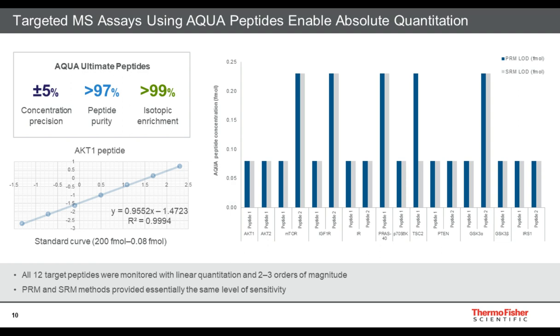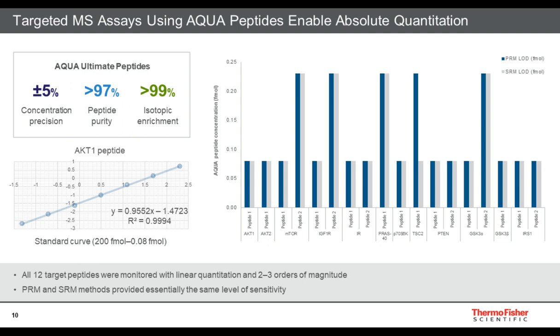AQUA peptides are used to generate the standard curve spanning from 200 femtomoles as the highest to 0.08 femtomoles as the lowest by serial diluting the AQUA light peptide and keeping a constant amount of AQUA heavy peptide. That gives you a light over heavy ratio, and you plot that against the concentrations used for the light peptide serial dilution.